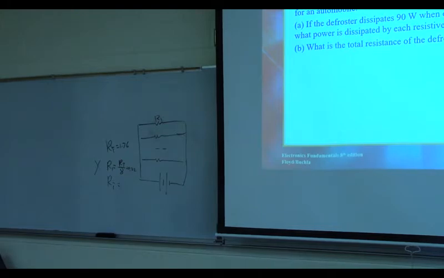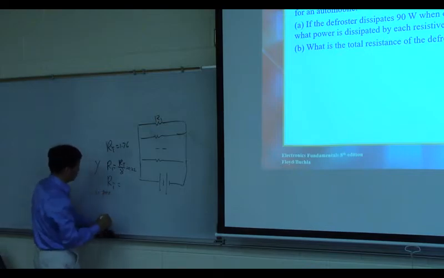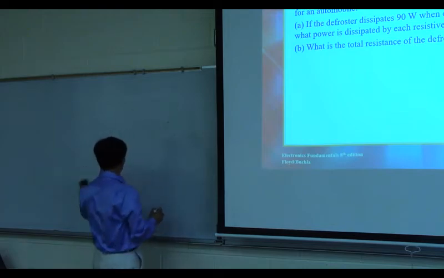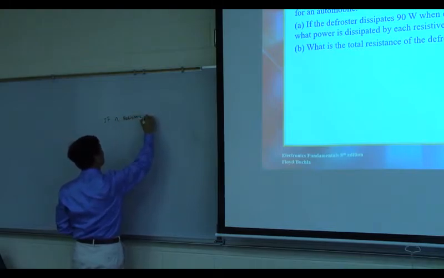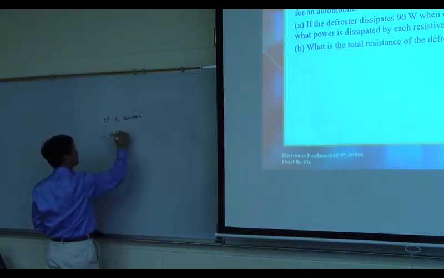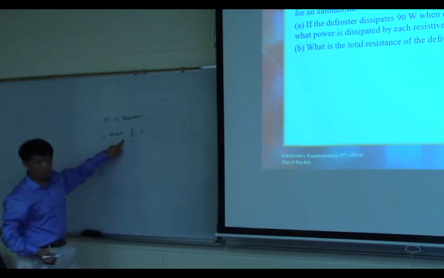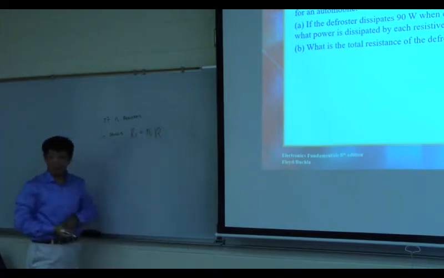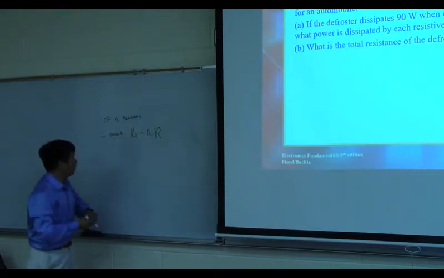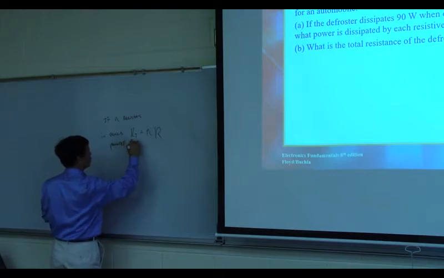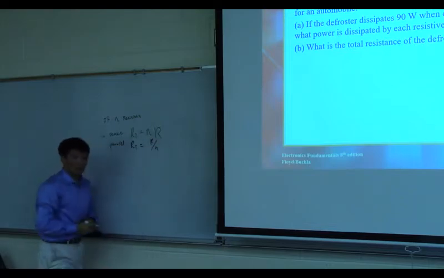So if N resistors are identical, in series the total equals N times R, each one multiplied by the total number N. In parallel, the total will be equal to R over N, divided by N.